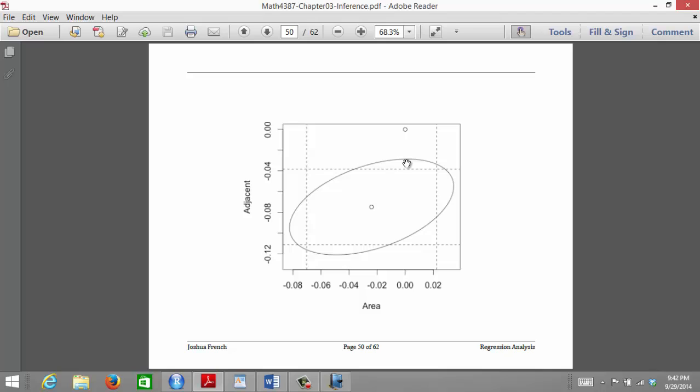And so you have to be very careful about that. So you don't just want to look at your individual confidence intervals to make your conclusion about what's going on with two or more parameters simultaneously. If you really want to make inference about two or more parameters simultaneously, then you really should construct a simultaneous confidence region using the ellipse package.